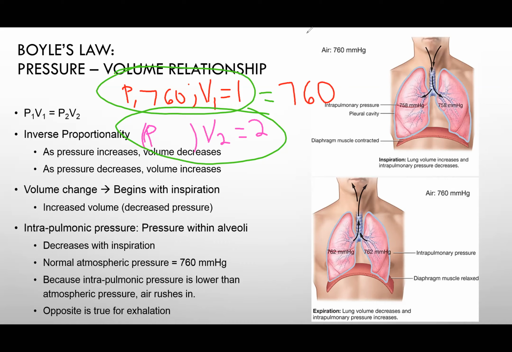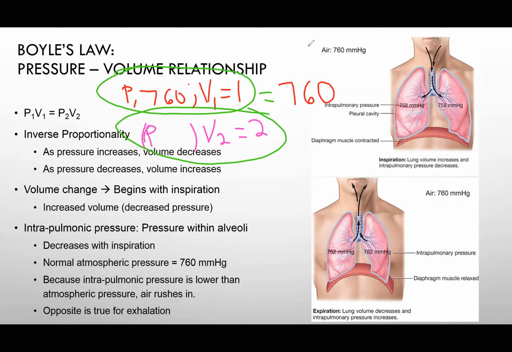Now, for the second half of the situation, if we have a volume of 2, we have to multiply by some pressure to still get 760. Since our volume in this case doubled, our pressure needs to be half of what it used to be.